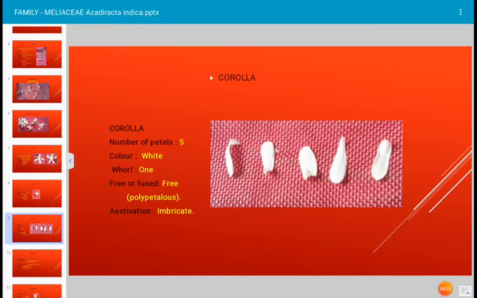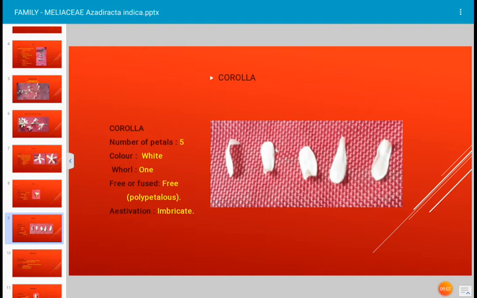Petals are arranged in only 1 whorl in the flower of Azadirachta indica, and the petals are free. If the petals are free in the flower, in taxonomic language, it is described as polypetalous condition. And how is the arrangement of the petals? That is imbricate aestivation. Arrangement of petals means aestivation. Imbricate type of aestivation is there.